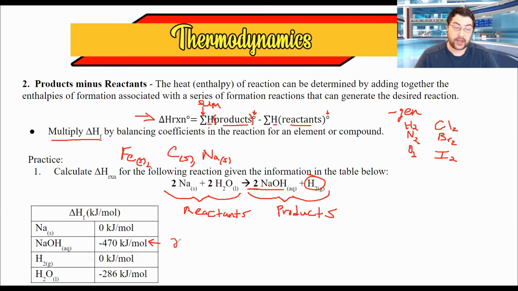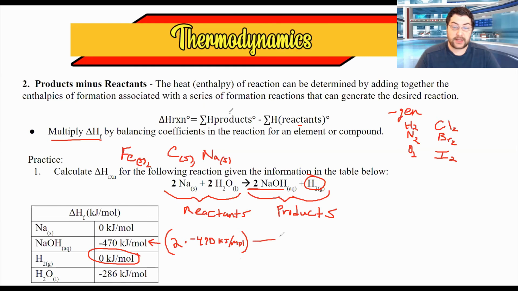So we're going to have 2 times negative 470 kilojoules per mole minus, okay, so that takes care of all of the products, okay, because the hydrogen doesn't count. So that's the products information from our formula up here at the top, okay? So we just accomplished that.